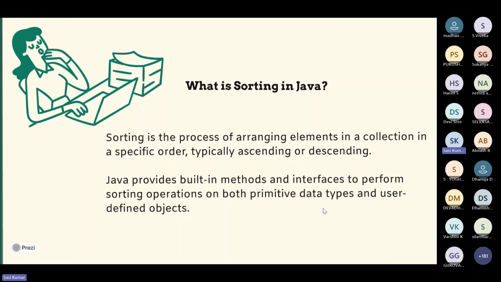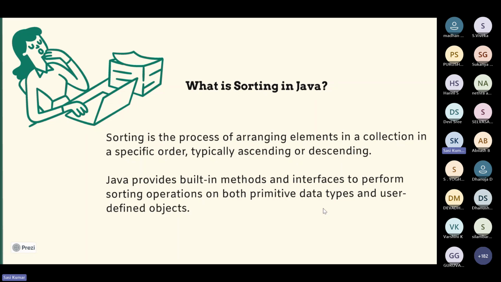The definition: sorting is the process of arranging elements in a collection in a specific order. A collection is nothing but a box. It can be arrays or any type of collection: ArrayList or Vector, LinkedList or Set, HashSet, LinkedHashSet, TreeSet.